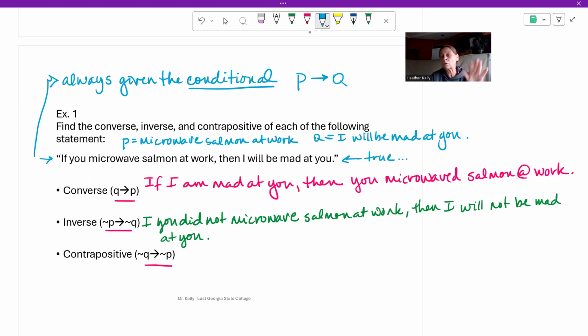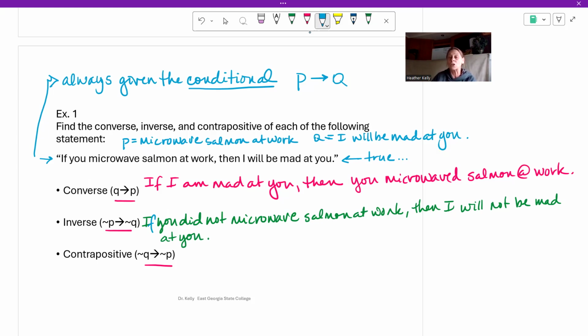The inverse, so they're not the same, right? Because this statement is true. If you microwave salmon, I'm going to be mad. But this isn't exactly the same statement, right? Because there's other things that could be happening there. The inverse, if you did not microwave salmon at work, then I will not be mad at you.